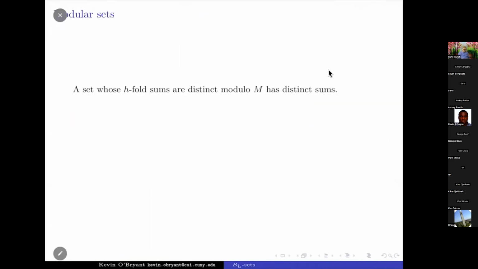We get out of Singer sets something a little bit more than just a B sub H set. It's a B sub H set modulo something. And if you just forget the modulo part, then it's a B sub H set in the integers. But before you forget the modulo part, you can take advantage of it, because shifts in the modulo sense are still going to preserve this B sub H property, and dilations modulo m are going to preserve this B sub H property.